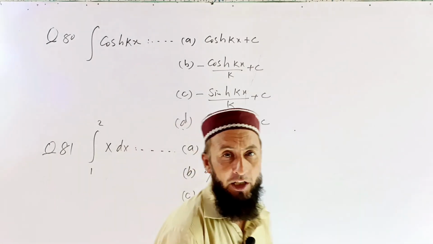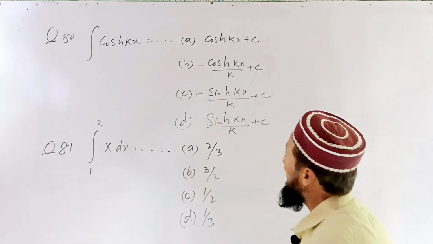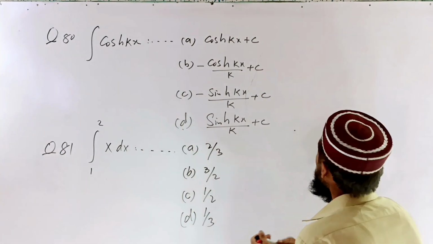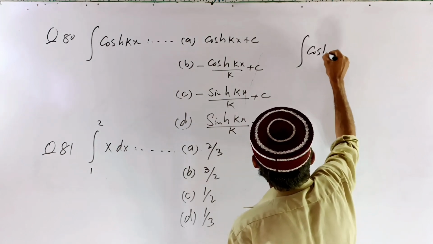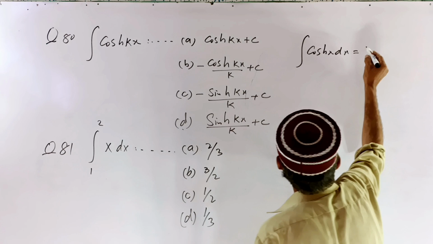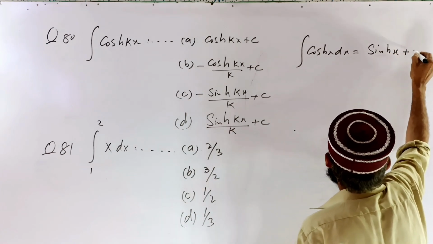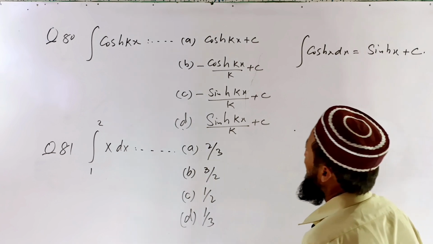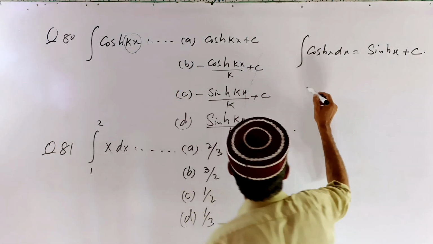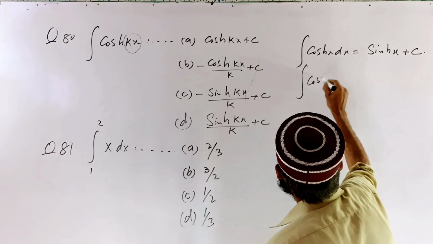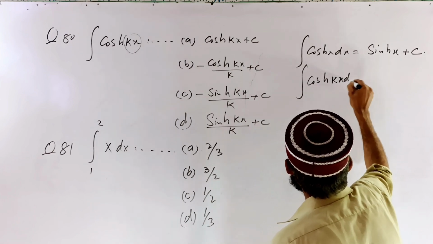Integration of cos hyperbolic kx is equal to what? As we know, the formula of the integration of cos hyperbolic x dx is sin hyperbolic x plus c. But here kx is used in place of x. So we put here the integration of cos hyperbolic kx dx.